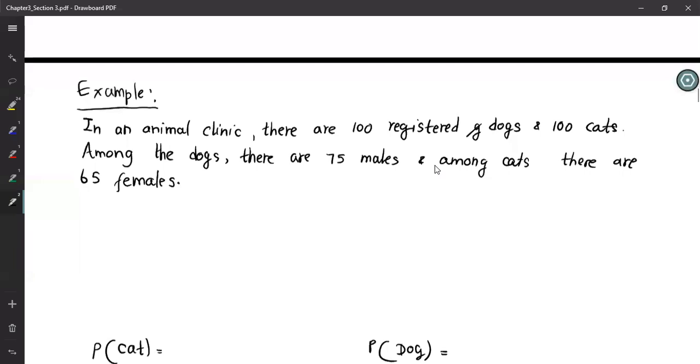First, prepare the table, find the totals, and then you can find the probabilities.